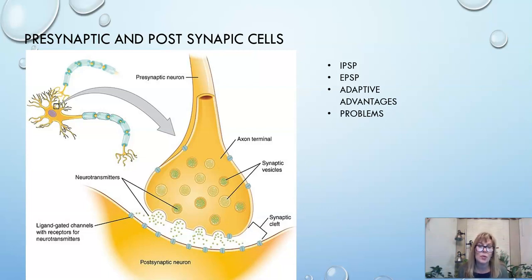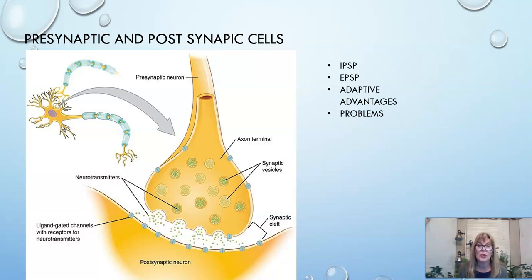But how do we know if it's going to send that signal forward or not? We talked about there needs to be enough information coming in from the dendrites to actually overcome threshold potential. Well, all of your signals coming in are not all going to say, yes, push through, push through. Some of these signals are going to be inhibitory.